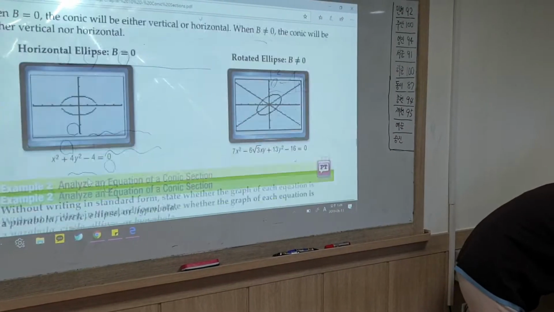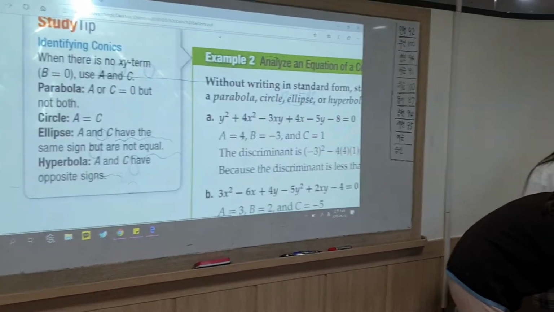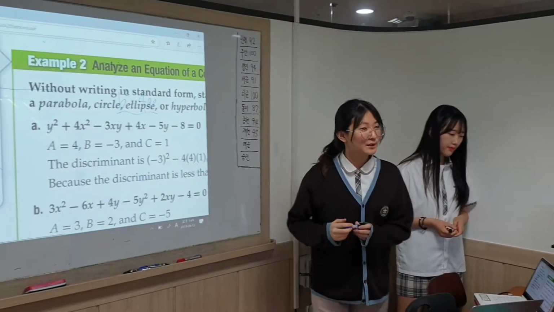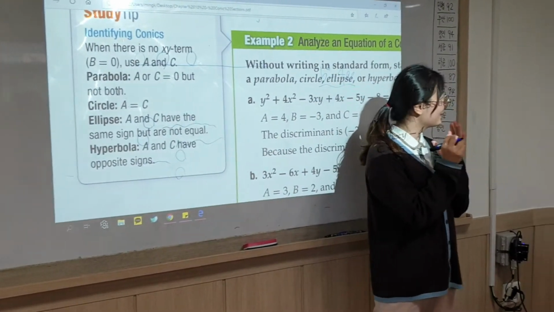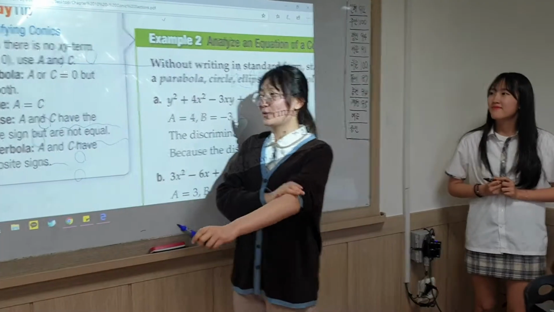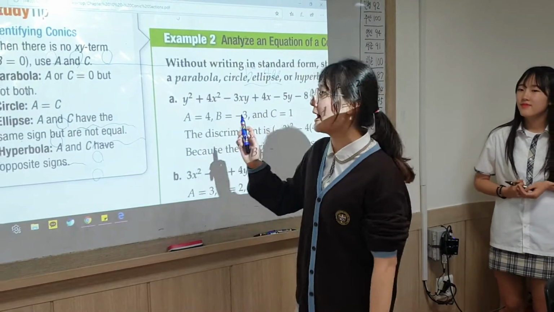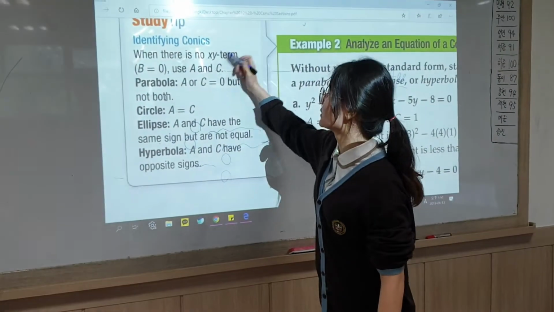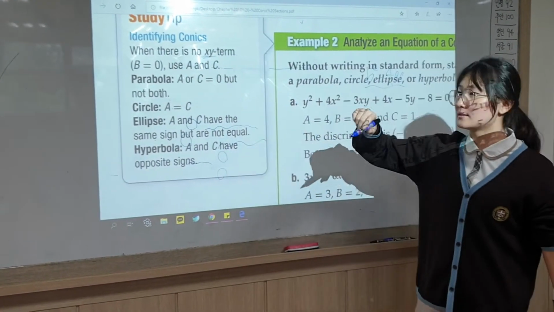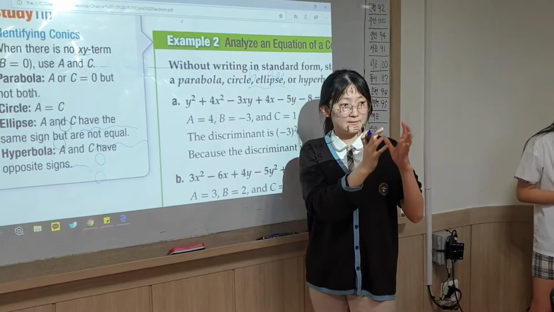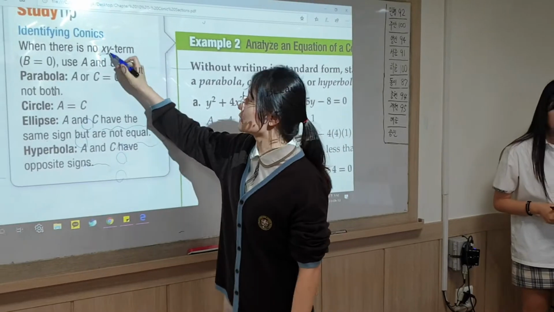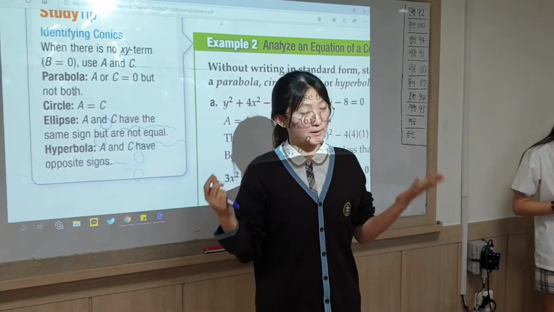And there is also one point that we should really point out. Yesterday when we were doing some examples, we came across some obstacles: there were examples that did not have any xy term, because the xy term is for the b value. If there is no xy term, how can we identify those?